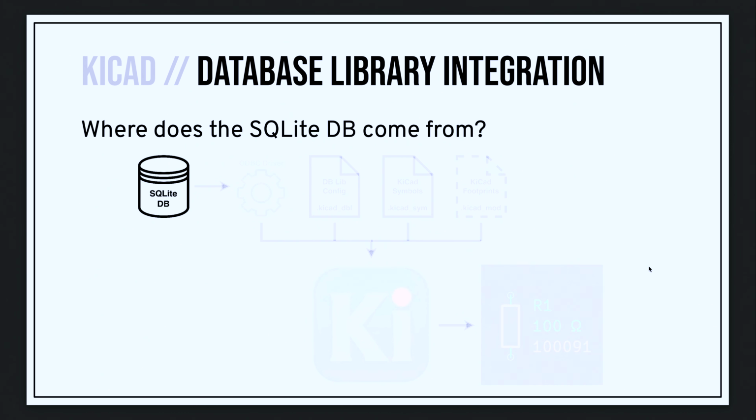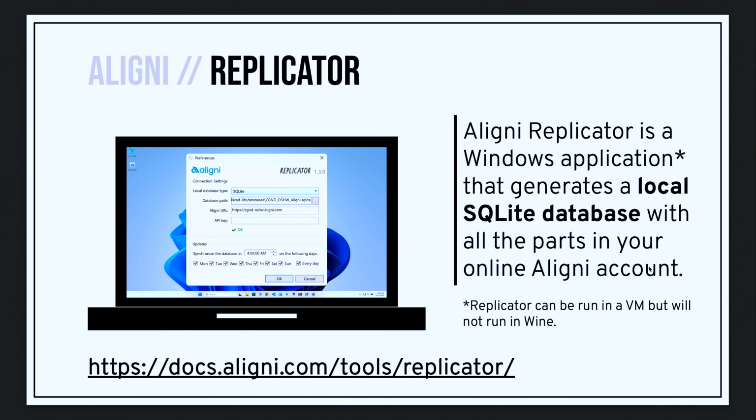So the first thing that we're going to use is a SQLite database, and that actually comes from Aligni. They provide a tool called the Replicator. It's a Windows application that you can run that will create a local SQLite database on your computer from your parts in Aligni.